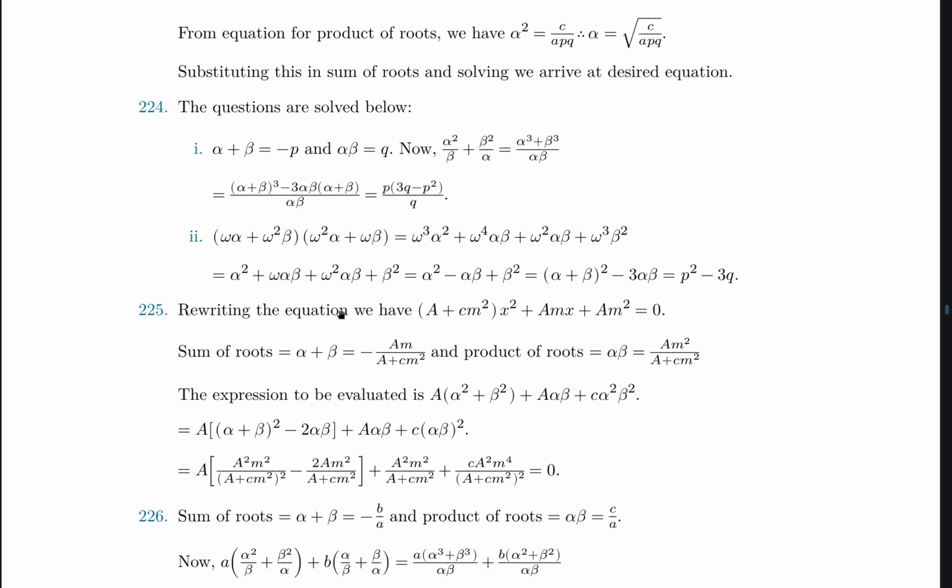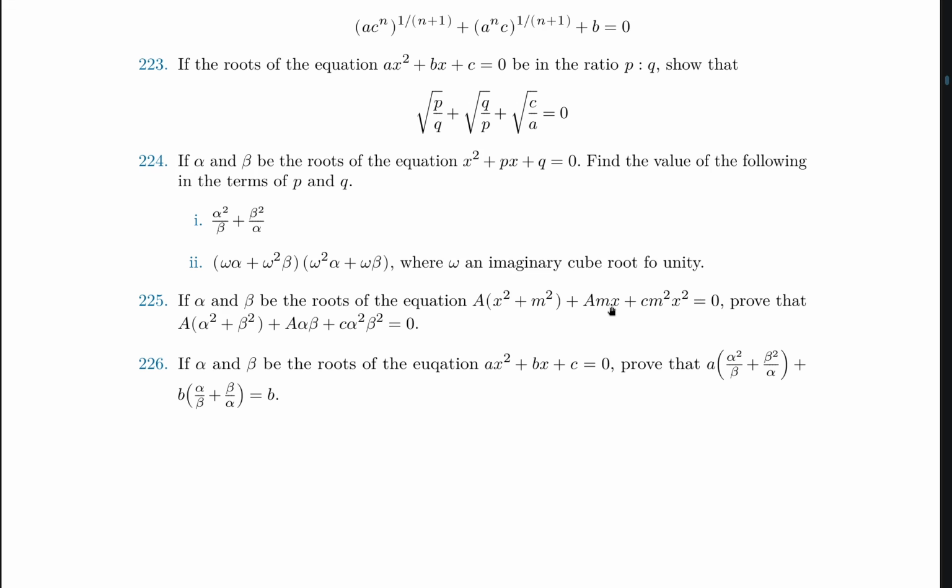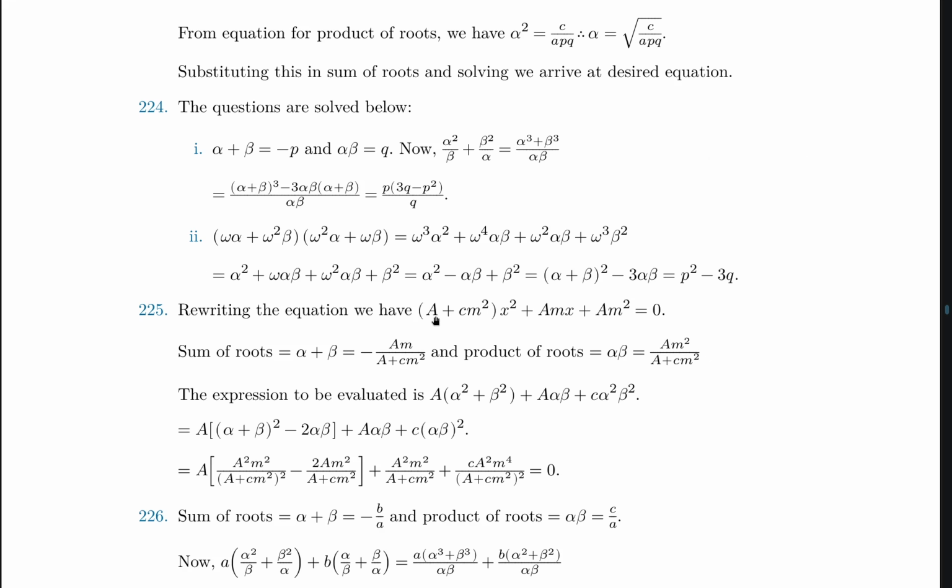So we rewrite the equation. We write in terms of x, we get a plus cm square into x square plus mx plus m square is equal to 0. Now sum of roots would be minus am by a plus cm square, and product of roots would be am square by a plus cm square.